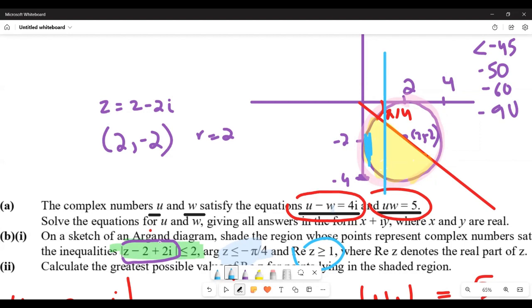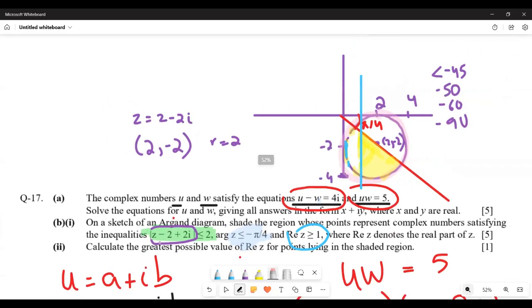So it says shade that region where the real part is greater than or equal to 1. That means we don't shade this region. I have to clear some part of the yellow region. This has to be cleared. This is not acceptable. Only the right side of the blue line is acceptable. So this goes, and now that is our correct locus of points shaded.